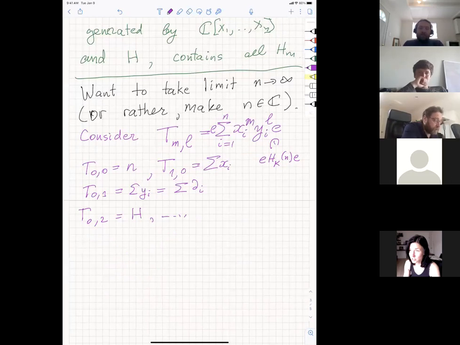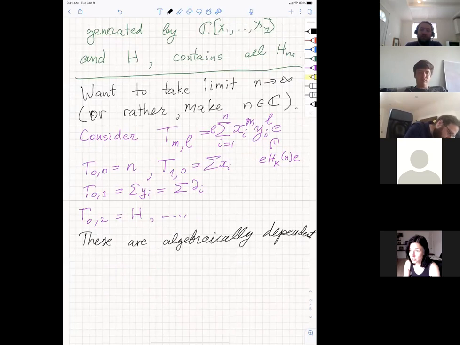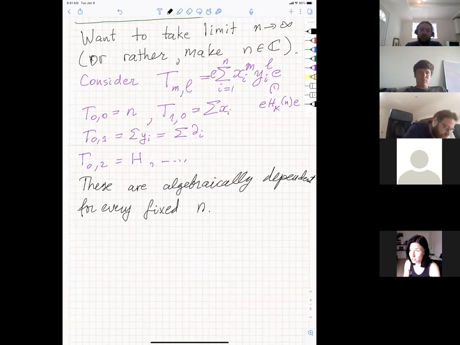And then you can look at the kind of algebra they generate. So we can take these, which are of course algebraically dependent for every fixed n. Well, because there are infinitely many of them, but asymptotically they are independent.